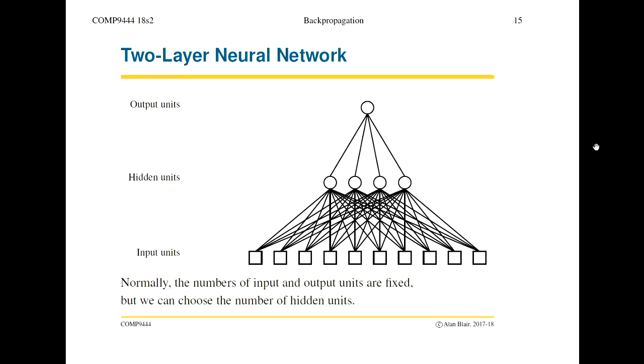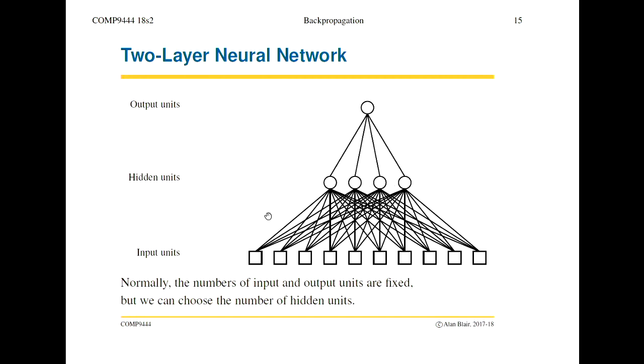So you have a number of inputs, which is usually specified by the problem, then you choose a certain number of hidden units, and then you have an output unit. This was the traditional, typical neural network architecture, and it made things simple because you only really had to choose the number of hidden nodes, as well as the transfer function.